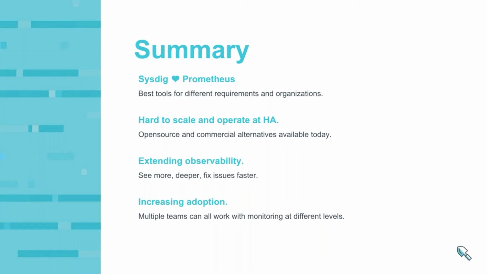Prometheus is great at providing Kubernetes metrics and container metrics, but some additional techniques can be implemented to get more observability. If we can look at what's happening inside the containers, if we can do kernel instrumentation to automatically discover what we are running in our infrastructure, we can see deeper and fix the issues that we have faster.